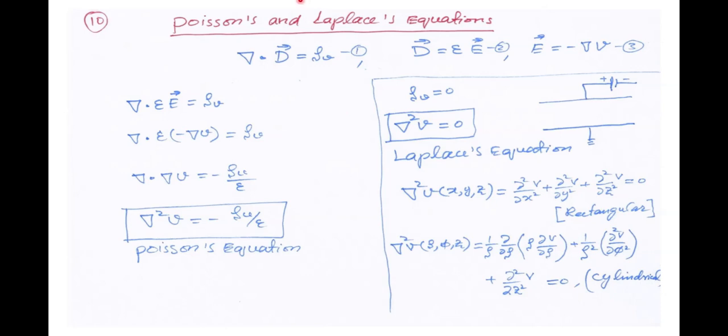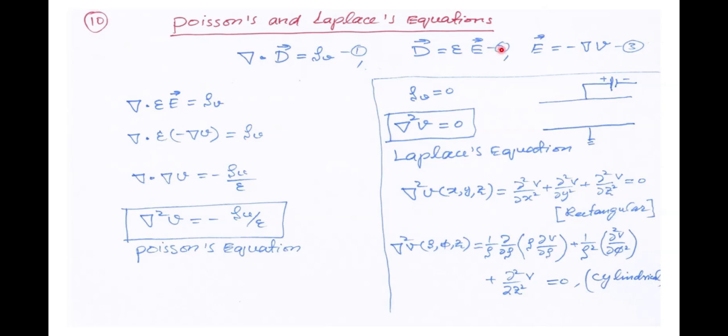So we know that according to the differential form of Gauss's law, del dot D, that is the divergence of the D field, is equal to the volume charge density. We also know that the D field is related to E with the help of the permittivity of any dielectric or insulating material.